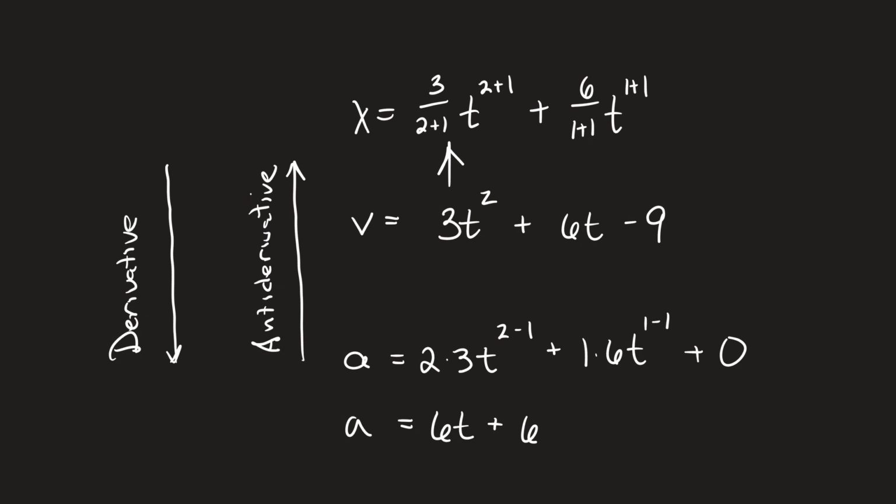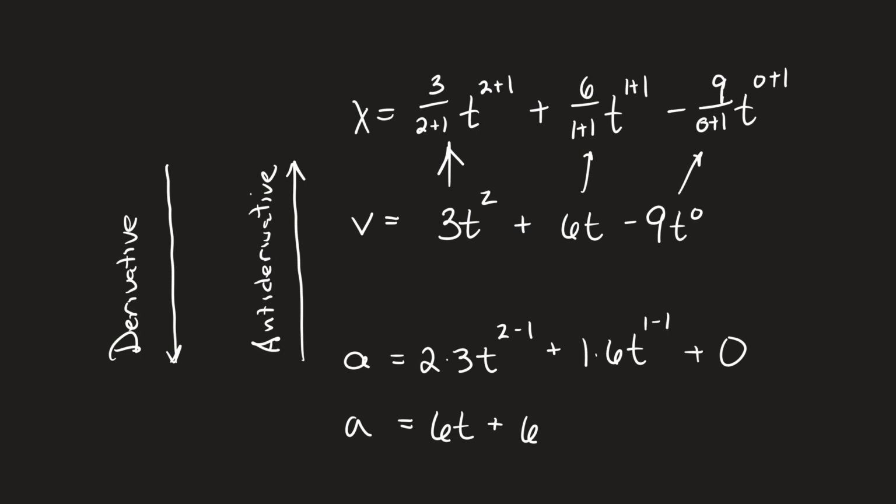Great. And now, I have no t here, so this has got to be t to the 0 power. So let's see how that works. It's going to be t to the 0 plus 1, and then 9 divided by 0 plus 1. All right, so those are my terms.